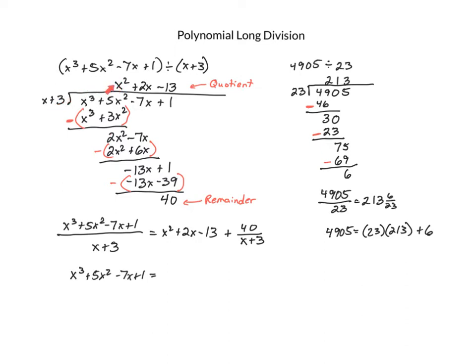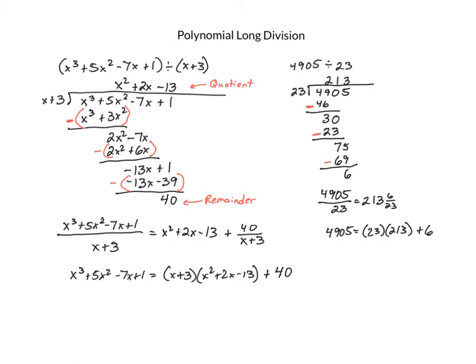So these two multiplied together. So x plus 3 times x squared plus 2x minus 13, with the remainder added in. Writing the result this way is comparable to the way we wrote the answer over here in the arithmetic problem.